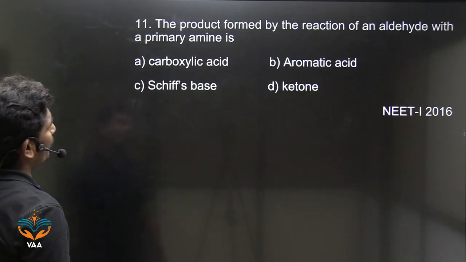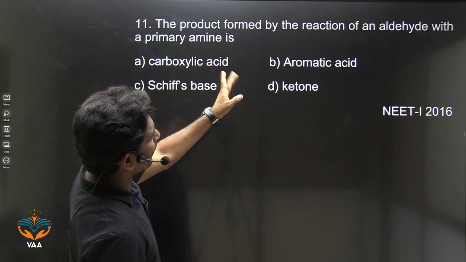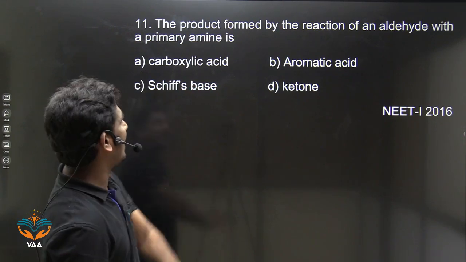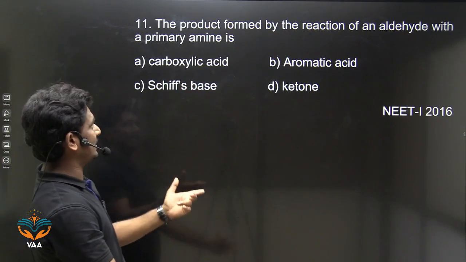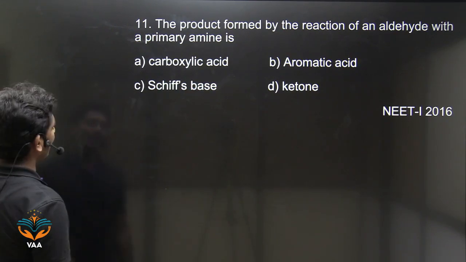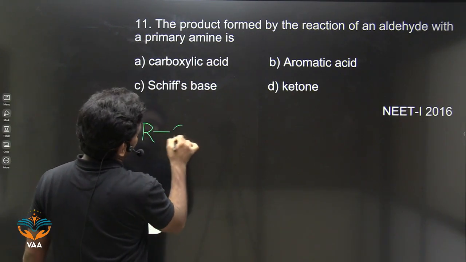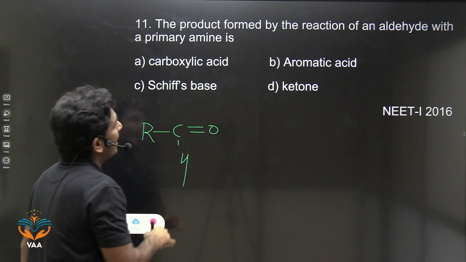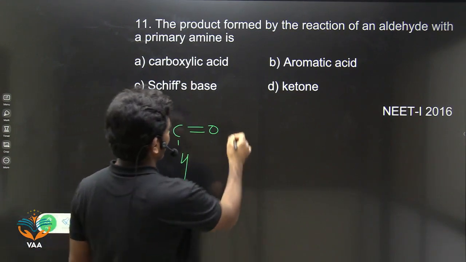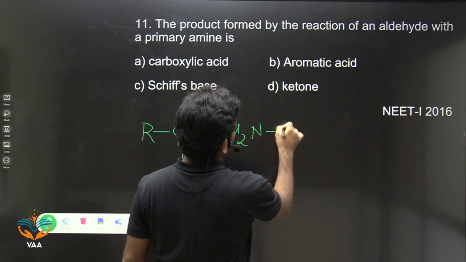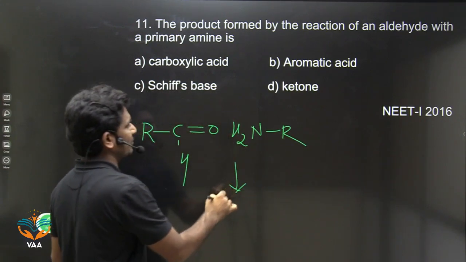Next one, the product formed by the reaction of an aldehyde with a primary amine is. So what will you get here? Aldehyde ले लो, take any one aldehyde, C double bond O, and if we add a primary amine, R NH2, which type of mechanism will it follow?